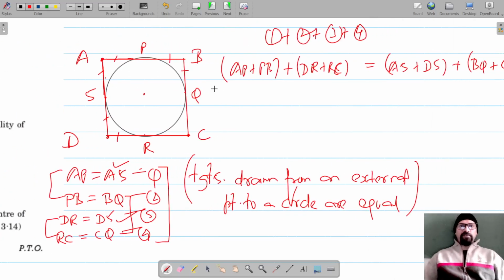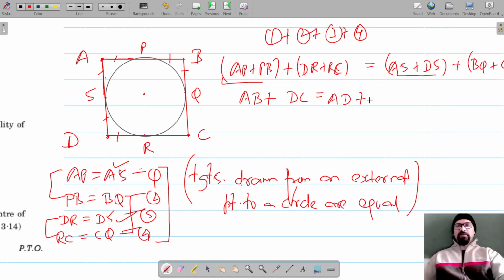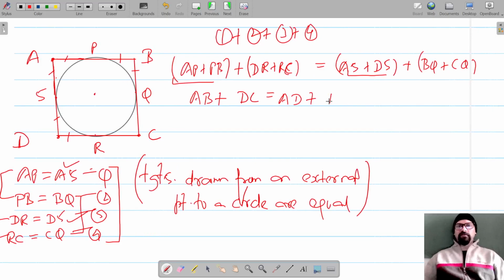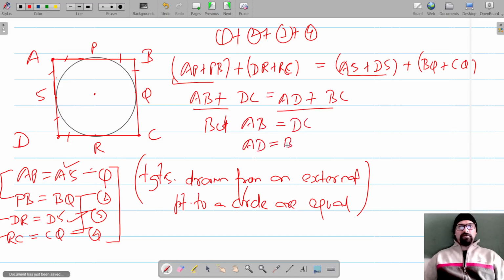Now AP plus PB gives me AB, and DR plus RC gives me DC. AS plus DS gives me AD, and BQ plus CQ gives me BC. So AB plus CD is equal to AD plus DC, but AB is equal to DC and AD is equal to BC.